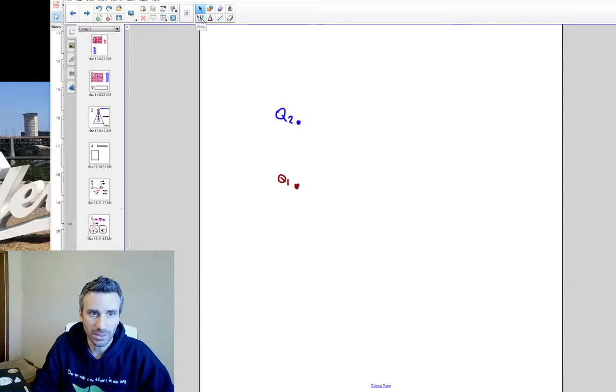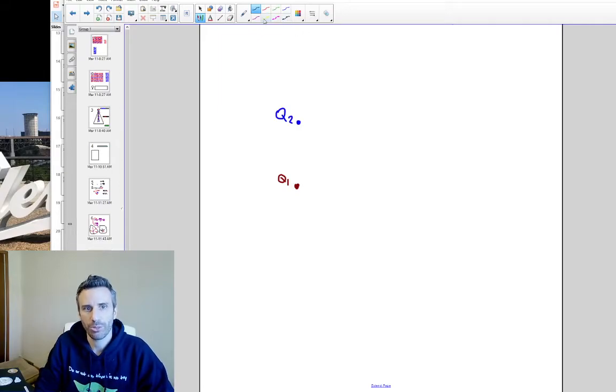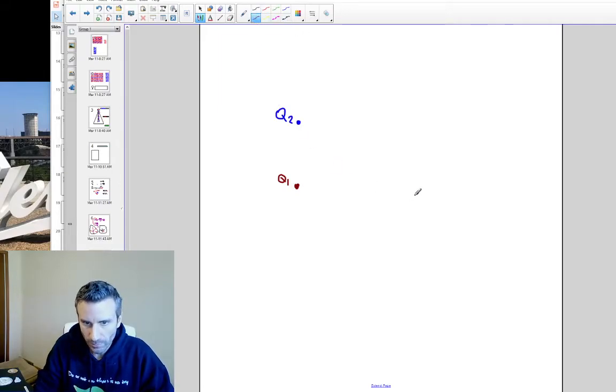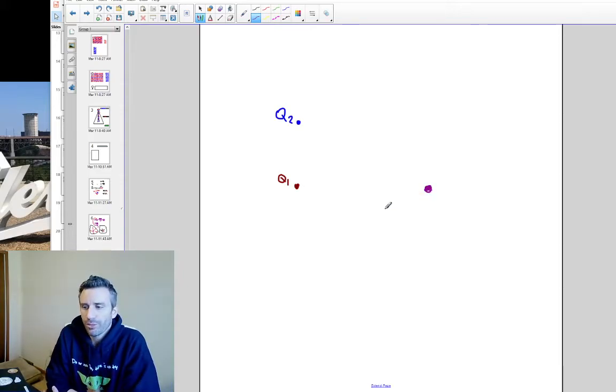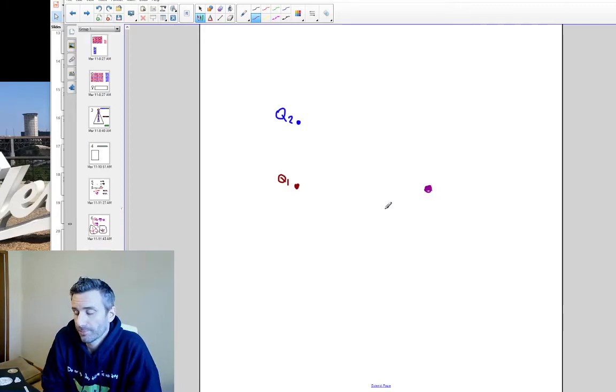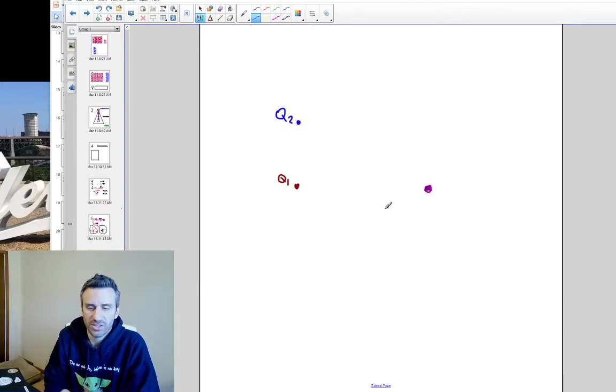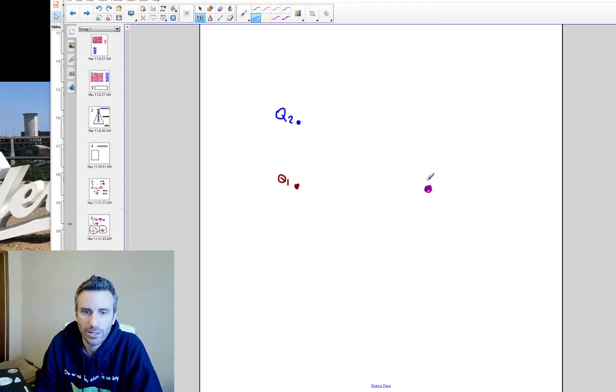And typically speaking, what we would express is that the third charge, I'm going to make the third charge purple. What if I put a third charge somewhere over here? Okay? Now, that third charge, I could call it Q3. But instead, I'm going to give it a different name, because my purposes of having that third charge often are going to be for the purposes of figuring out how much force would there be on some sort of potential charge at this location.